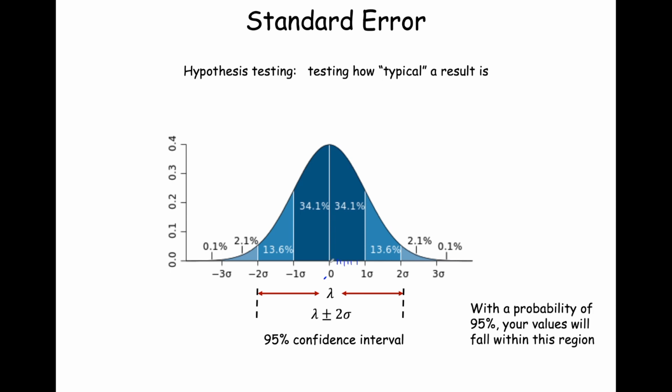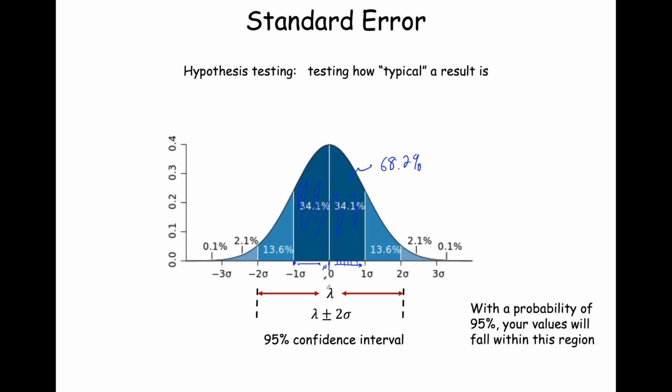So here's my center distribution, and there's the mean, mu. If I go plus or minus one standard deviation above and below the mean and take the area under the curve, that represents a total of 68.2% of the total probability mass.